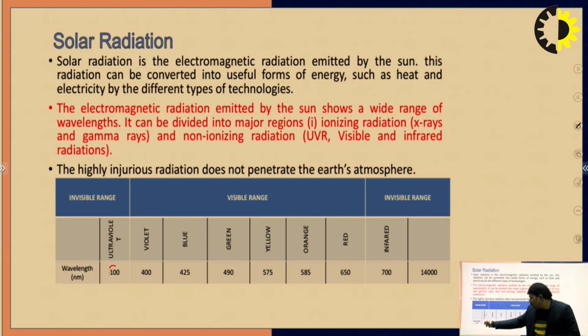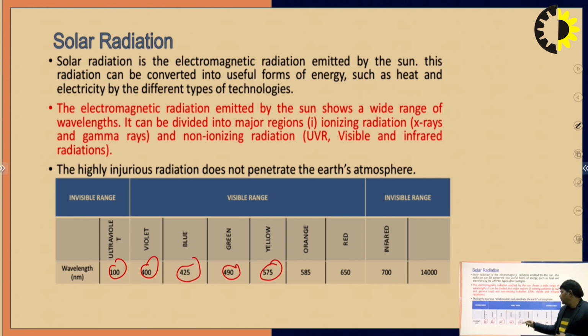Violet is 400, blue is 425, green 490, yellow 575, orange 555, red 650, then invisible infrared is 700 and up to 14,000. These are some of the wavelengths that do not penetrate the Earth's atmosphere.